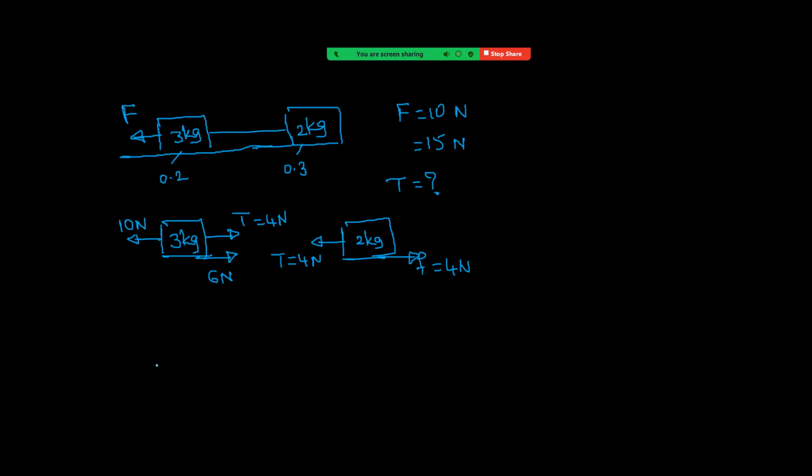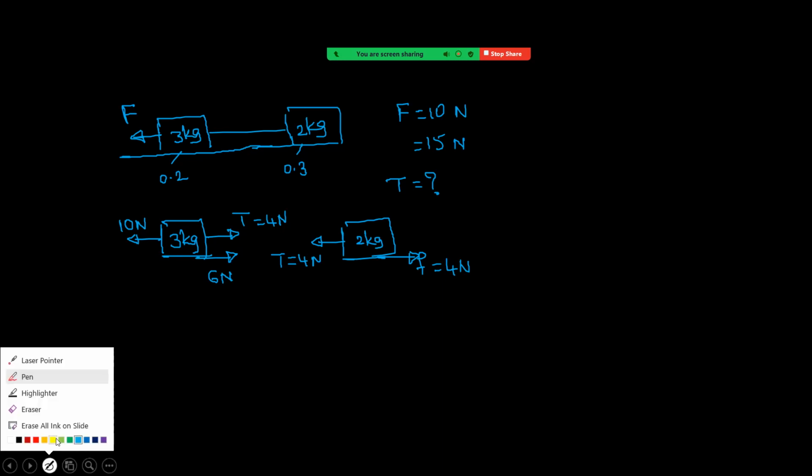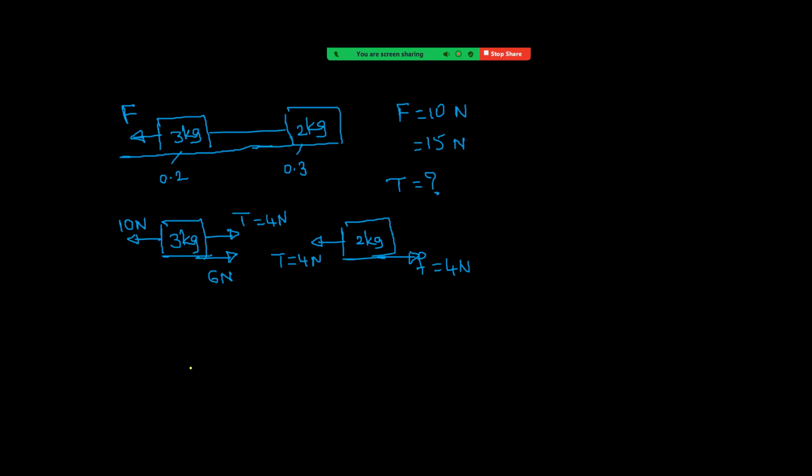Right. Now coming to the next one, when you take F equal to 15. Again, same as the previous one. 15 is greater than 12, right? So the system comes into motion.